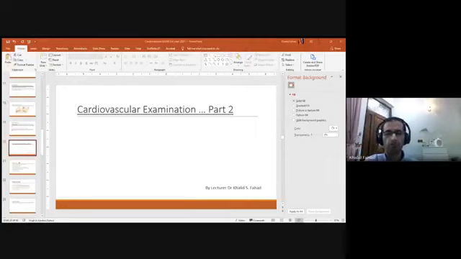What about the auscultatory area? As I mentioned, the mitral area is usually located in the fifth intercostal space in the midclavicular line in a normal person, but there are some exceptions.